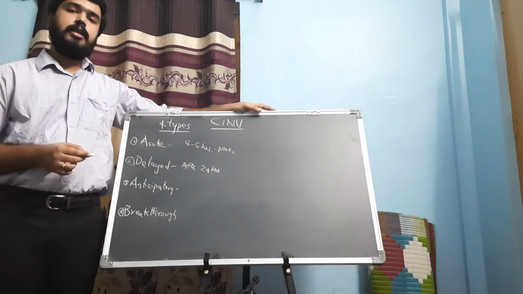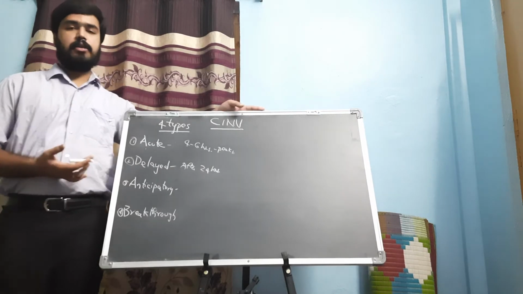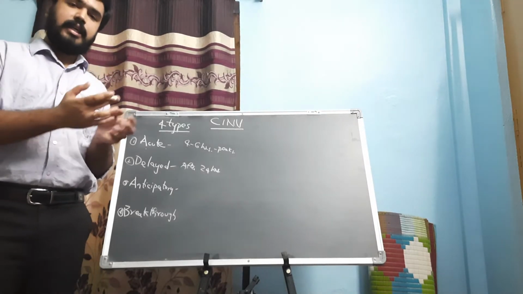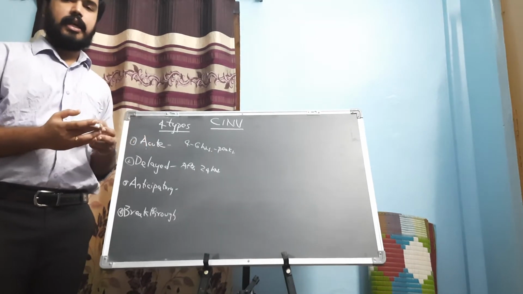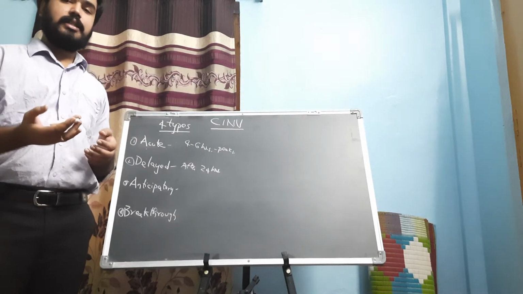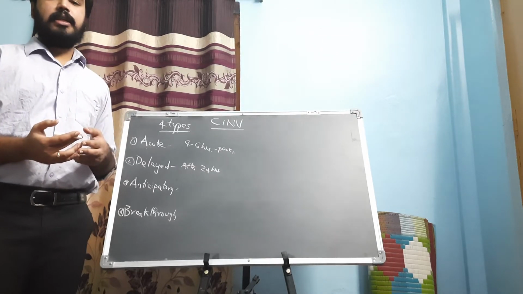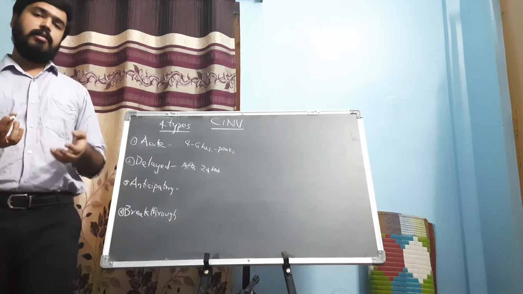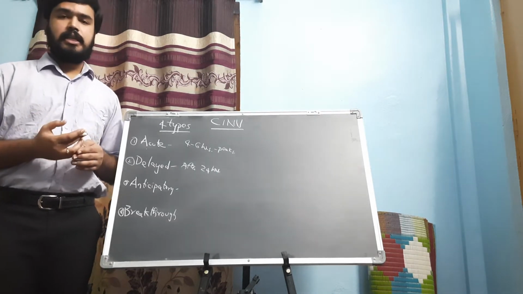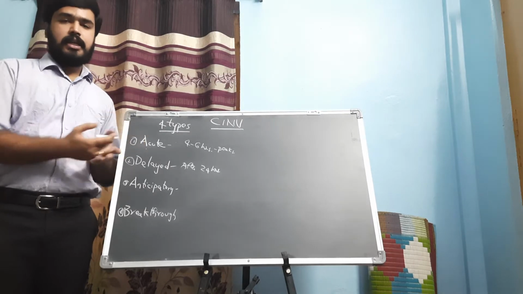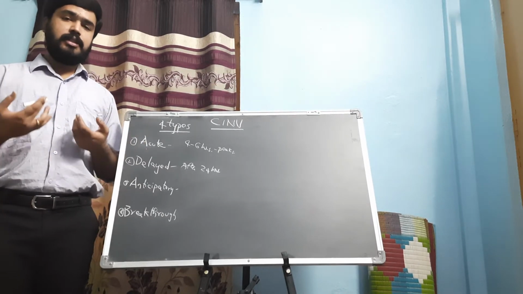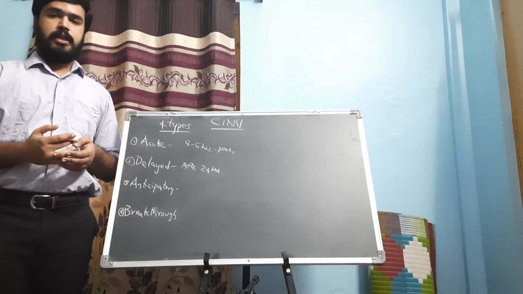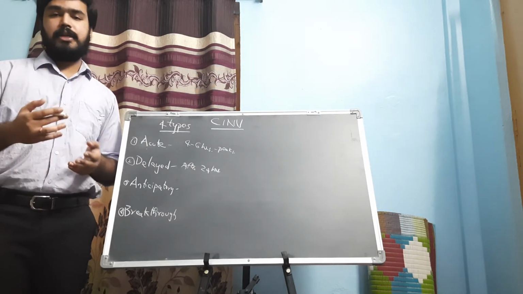Anticipatory is the onset of nausea and vomiting for the second or further cycles of chemotherapy if the patient has experienced it previously. We all know that chemotherapy is given in cycles. So in the first cycle, if the person experiences nausea and vomiting just after chemotherapy, then the person may anticipate it.